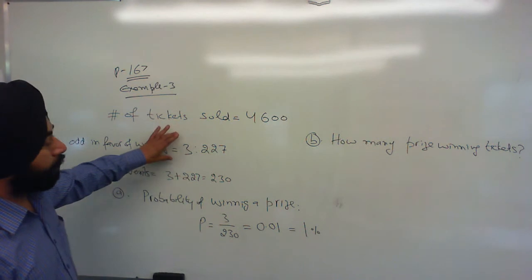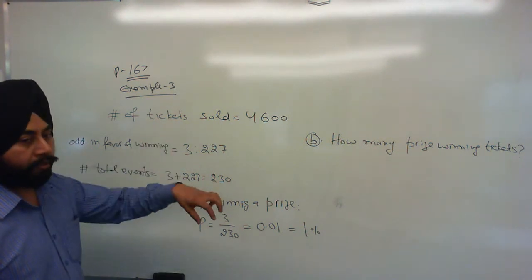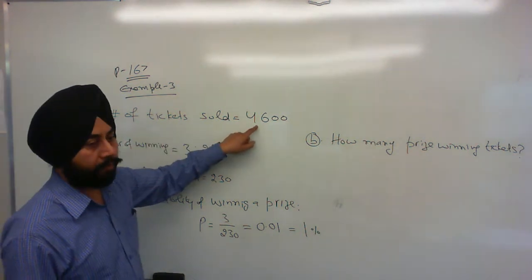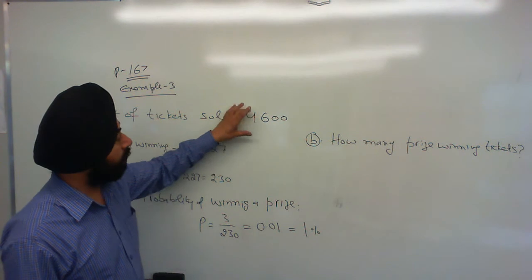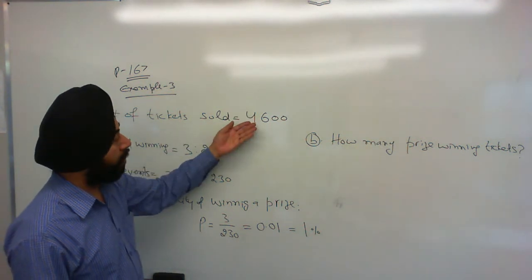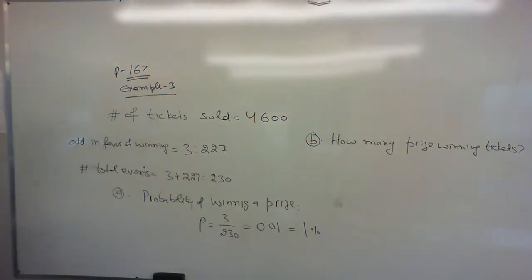How many tickets they printed had a prize winning thing written on them? You know that the total number of tickets sold was 4,600. You have to find out that out of 4,600 tickets that they printed, how many of them were the prize winning tickets. That's the question.